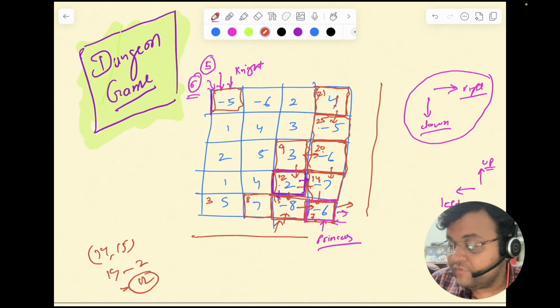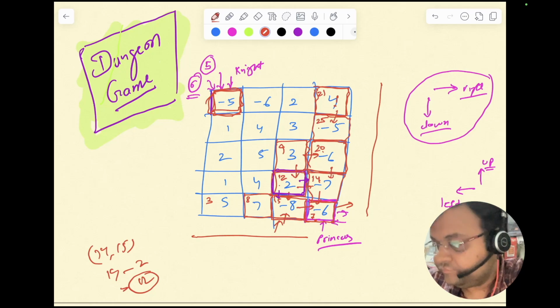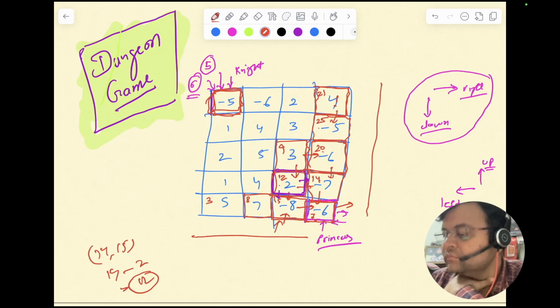So as soon as we keep calculating, we can reach the box here and this will give us the answer, right? So let's see now. Okay, now the logic is the minimum of these two boxes.